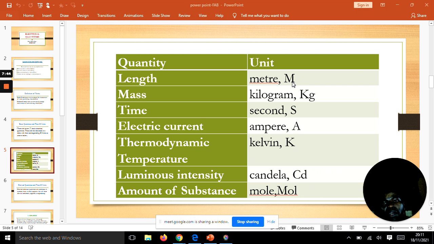Mass is the second quantity, which is measured in kilograms, abbreviated capital K and a small g, kg.